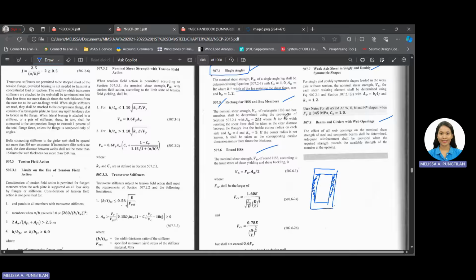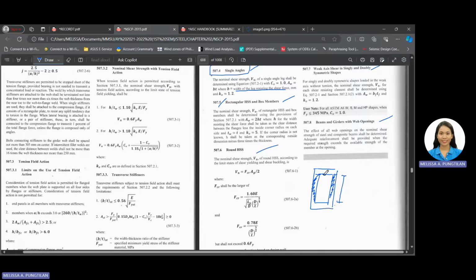Therefore, h is the width resisting the shear force, shall be taken as the clear distance between the flanges less the inside corner radius on each side. Okay. Clear distance. Ito daw, clear distance between the flanges less the inside corner radius. Ito kasi yung clear distance, di ba? Ito yung clear distance between the two flanges minus the corner radius.